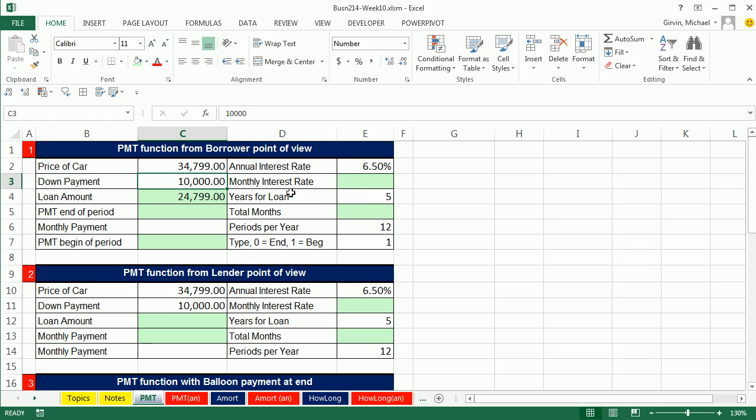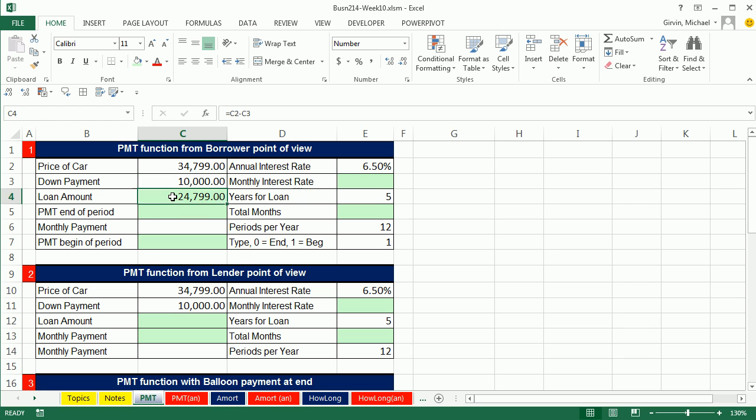And they say how many years the loan is for. But if our goal is to calculate monthly payment, we can't use the annual rate or the number of years. We have to figure out what the monthly rate is and the total months for the loan. The reason why is if we're calculating monthly payment, everything has to be in the same units, month.